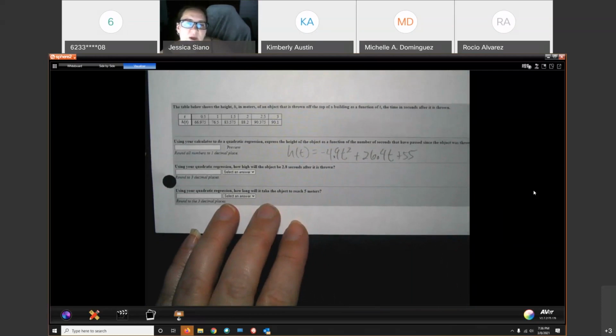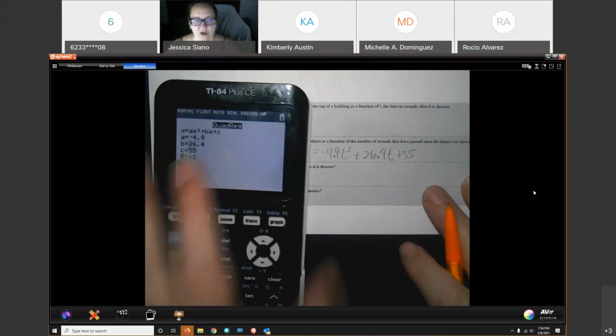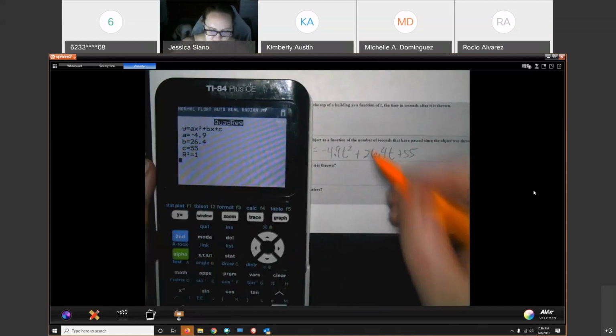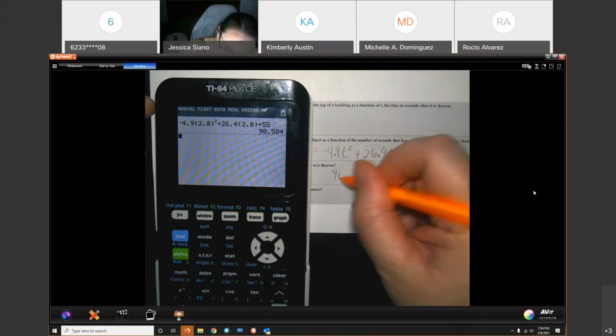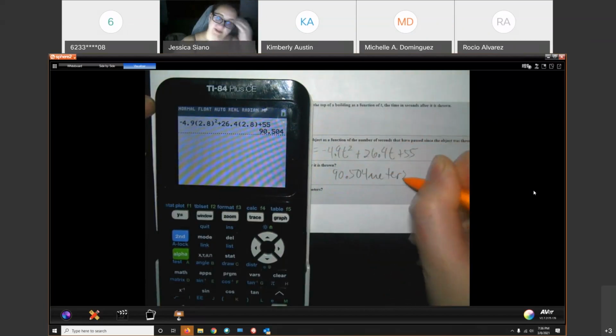And so then how high will the object be 2.8 seconds after it's thrown? So I need to plug in 2.8. So it would be 90.504 meters.